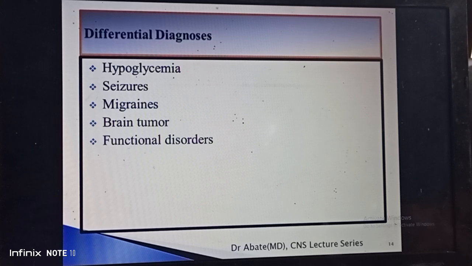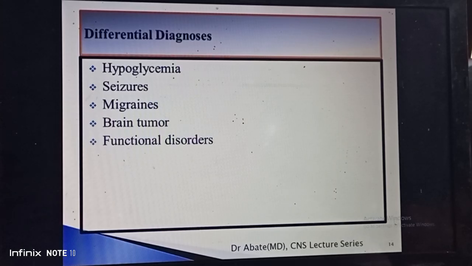It could be visual loss, it could be weakness of one or two arms, or sometimes unilateral body weakness could be possible due to compression effect on the brain. So you have to think about brain tumor. The other important differential for stroke is functional disorder. You have to think about functional disorders that could mimic stroke.